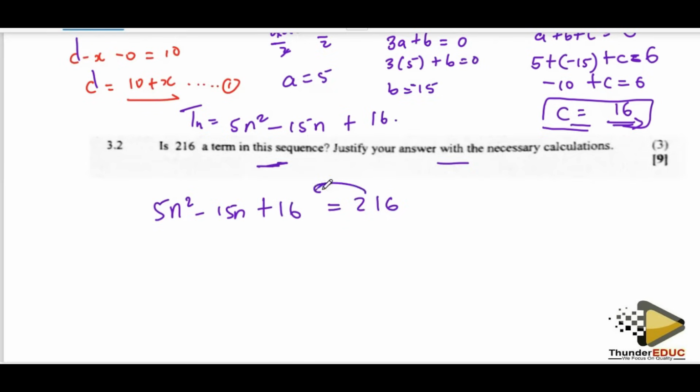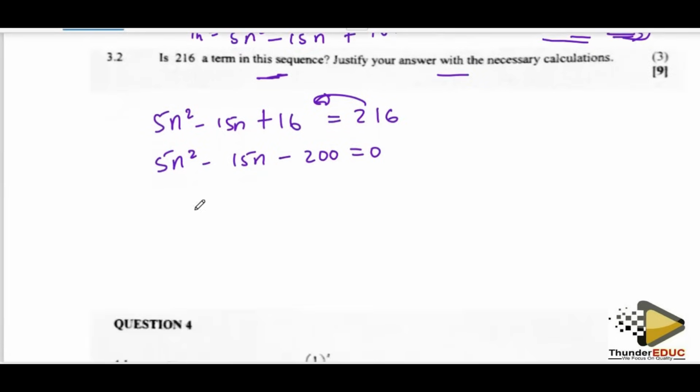So I'm going to move the 216 that side, so 5n squared minus 15n minus 200 is equal to 0. Then I can divide through by 5, that's going to be n squared minus 3n minus 40 is equal to 0.